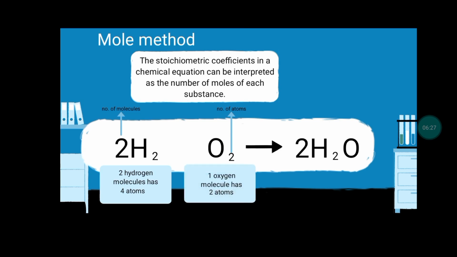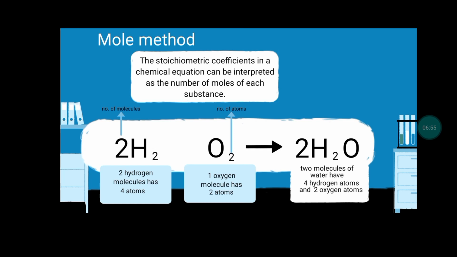In this molecule naman, we have 1 oxygen molecule, and it has 2 atoms. And these 2 molecules of water have 4 hydrogen atoms and 2 oxygen atoms. So, yun lang ang pinagkaiba ng molecules and atoms.